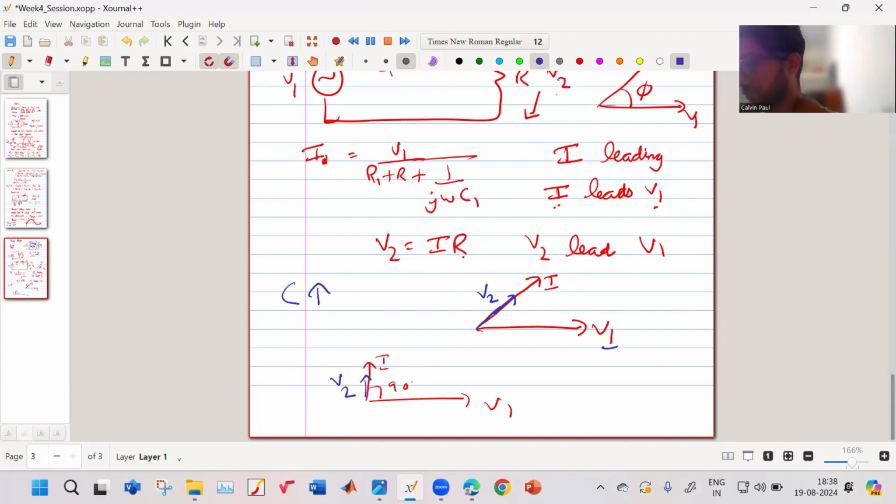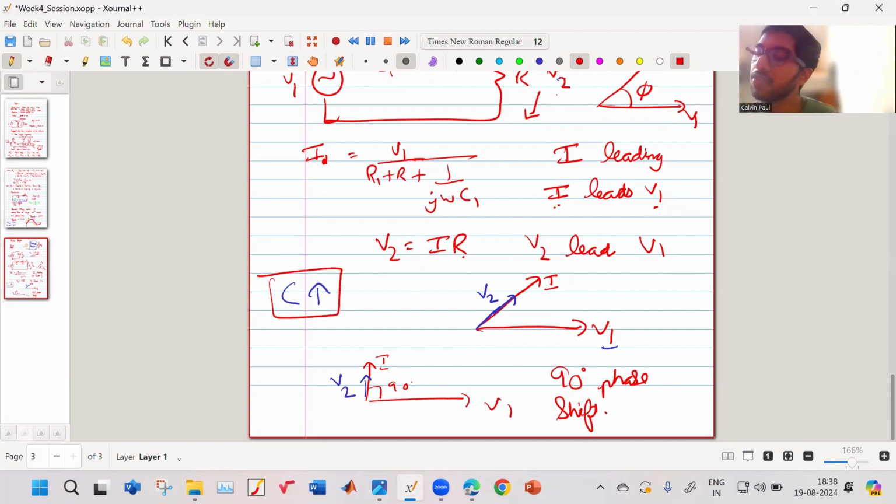So such things are possible. This is the desired condition that we, like sir was saying, you want to achieve a 90-degree phase shift. That is the desired condition. In that case, what should happen? Your C should be very high. Your C should increase. It may not always be possible, but this is what we desire.